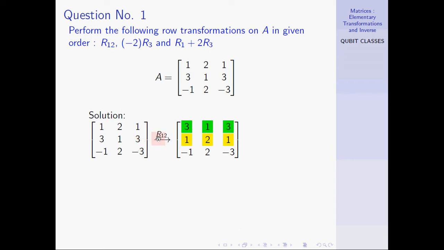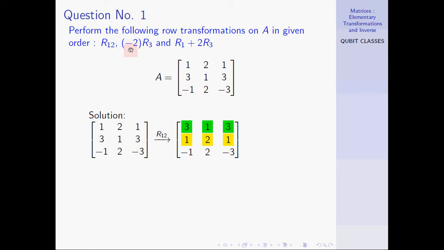On performing this operation R12, the second row will become the first row of the new matrix, highlighted in green color, and the first row, which is 1 2 1, will now become the second row. So an operation of this form R12 corresponds to interchanging rows 1 and 2.